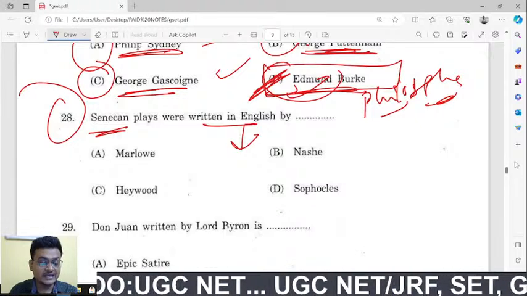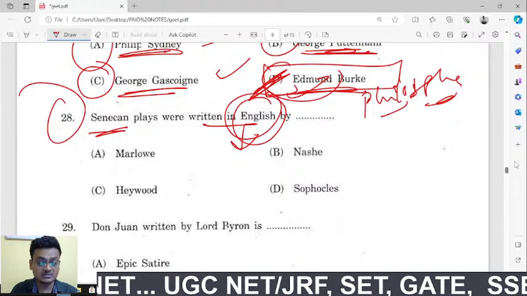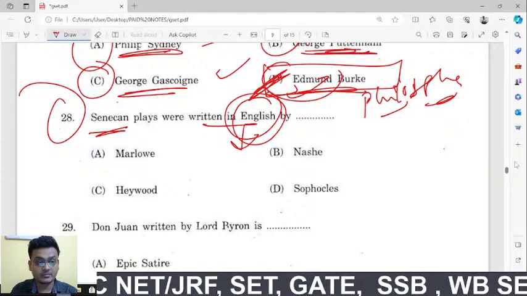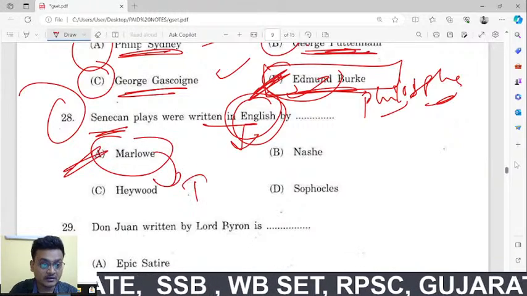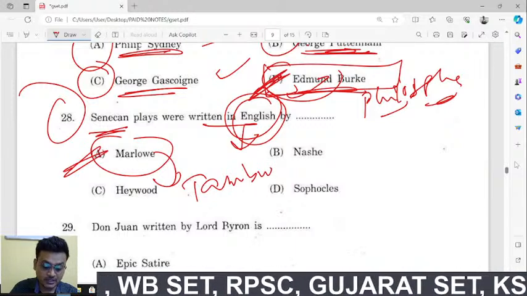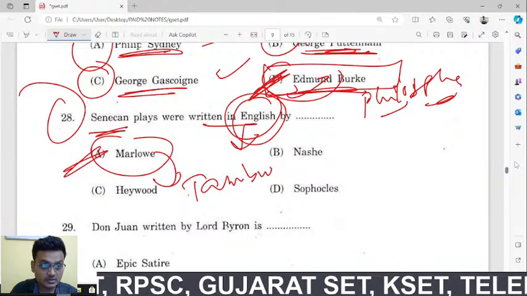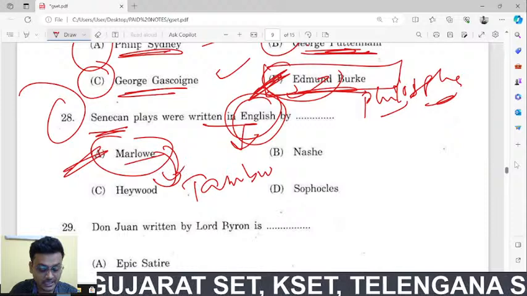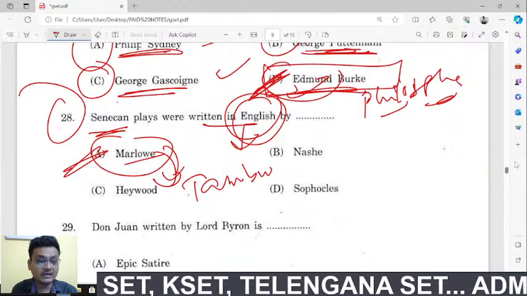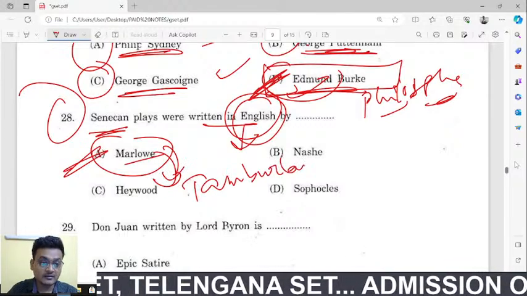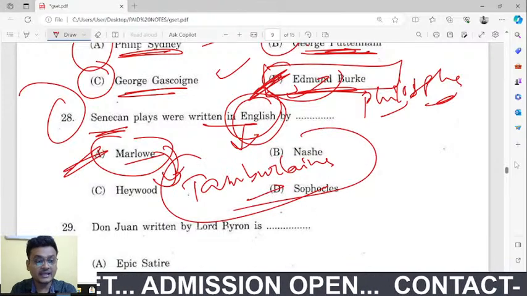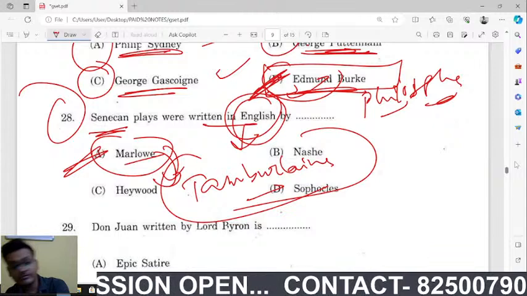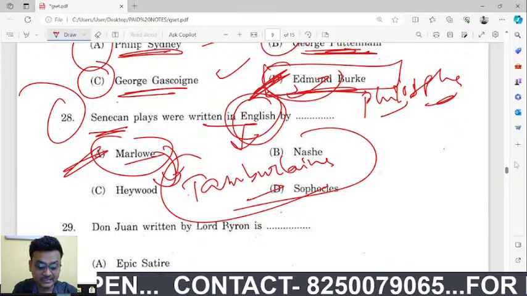Senecan plays were written in English. Marlowe's Tamburlaine is also a work where Senecan elements can be found.